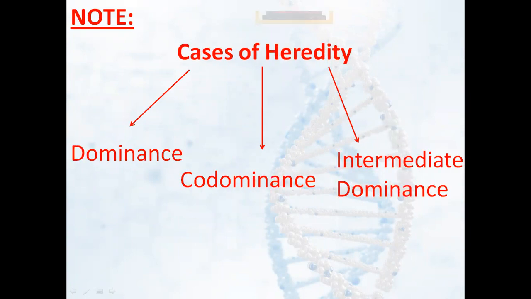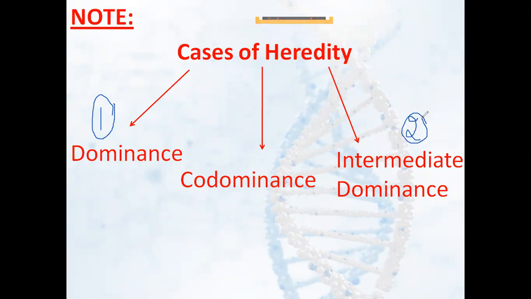Cases of heredity. First, we talked about the case of dominance. For example, the black is dominant over the white, so we give the dominant a capital letter and the recessive a small letter. Last week, we talked about intermediate dominance, also called incomplete dominance.